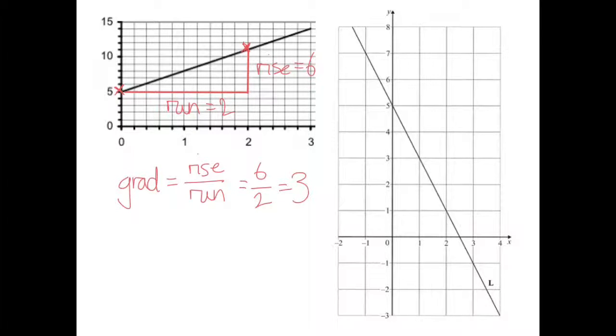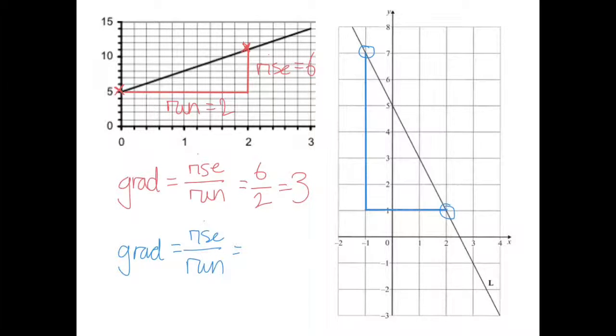In this second one, again we want to find the gradient, and that's the rise divided by the run. Now I need to pick 2 points, and I'm just going to pick points that go through the corners of squares. It doesn't matter which 2 I pick. We're going to join those up and see what the rise and the run is. Now in this case you can see that the line goes down by 6 and across by 3.